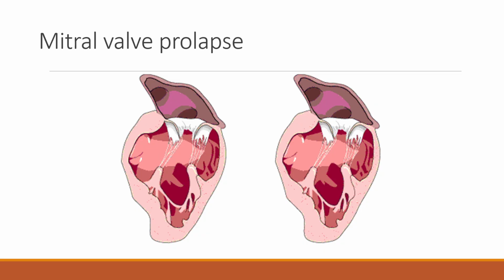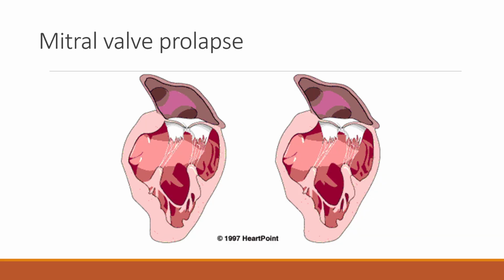The first common and interesting pathology is what you call mitral valve prolapse. If you look on the left side, you see how the mitral leaflets close in systole and open in diastole. If you look on the right side, you find that one of the leaflets forms a hump in systole. This is what you call mitral valve prolapse.